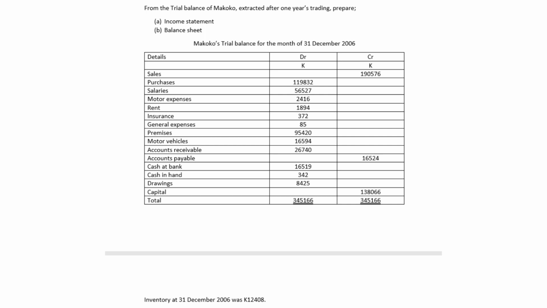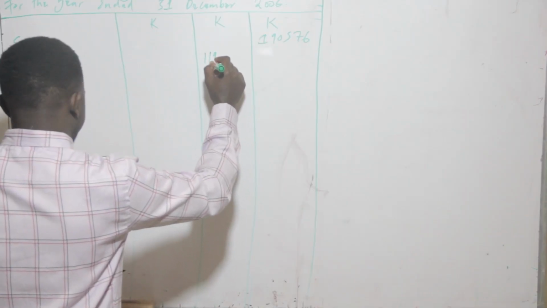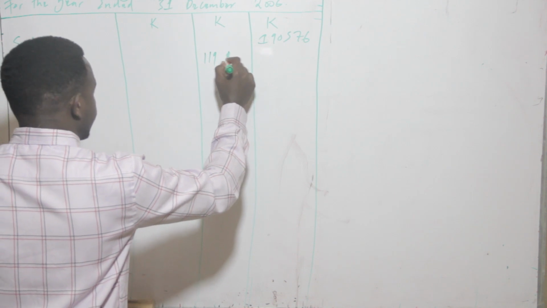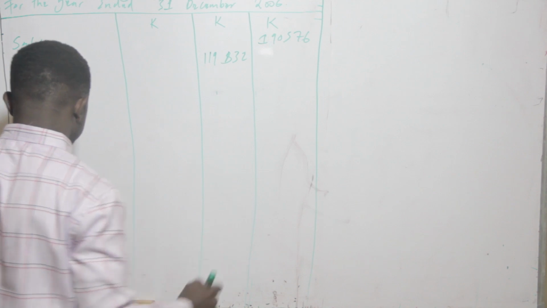Before we record purchases, we also have to see in the question if we have returns outwards, or purchases returns. We don't have purchases returns. We also have to identify if we have any carriage inwards or wages. We don't have that. So purchases amounting to 119,832.